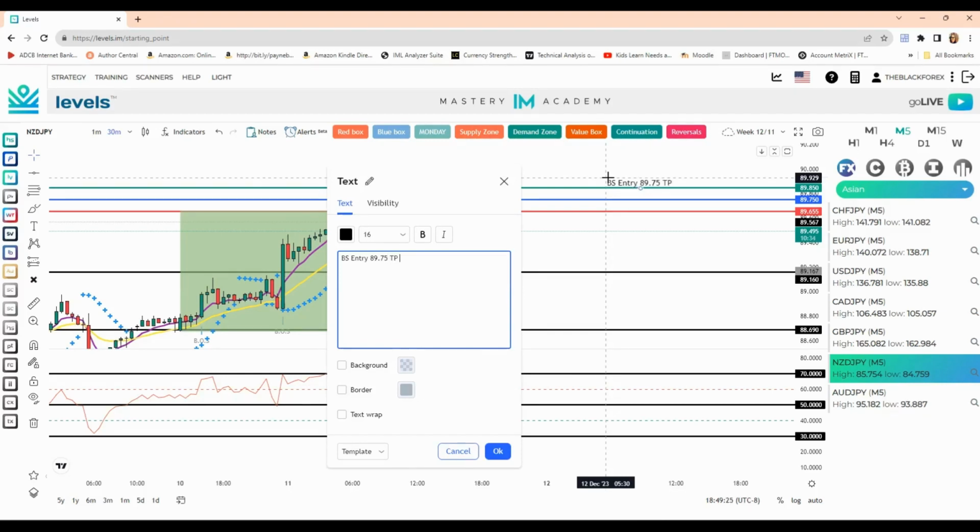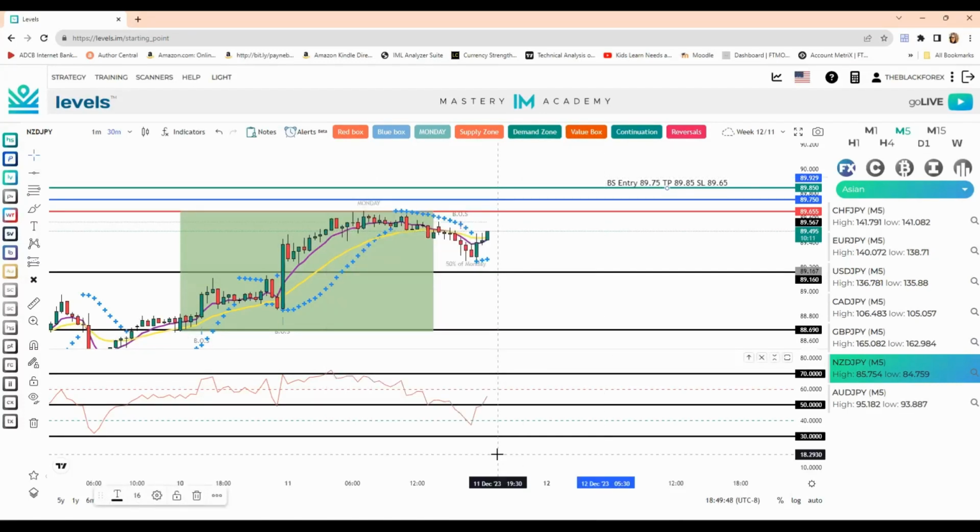And the TP? 89.850. 89.85. And the stop loss, someone different. It's the red. 89.65. Okay. Very good. There you go. All right, so that's our trade. I'm going to put that in for NZDJPY.